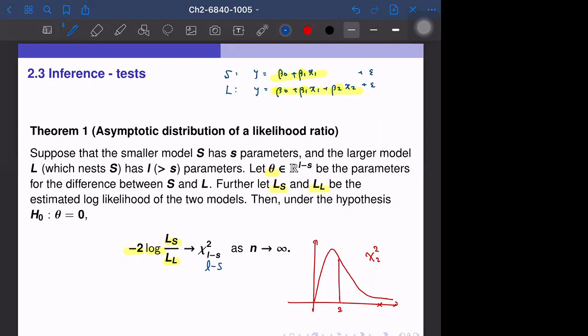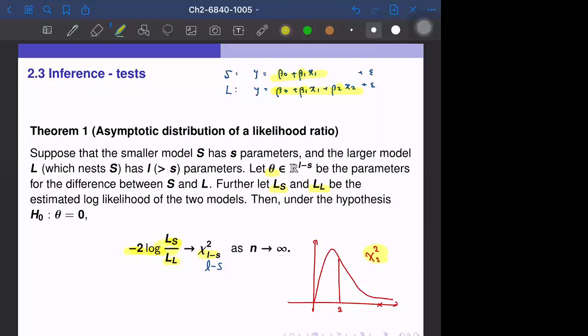The chi-square distribution has expectation equal to the degrees of freedom. So for example, if L minus S is 2, then this test statistic converges to a chi-square distribution with df 2. The graph looks like this.